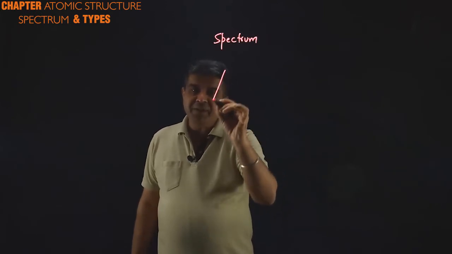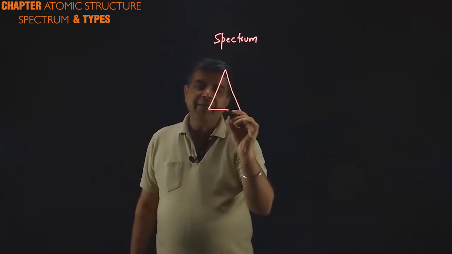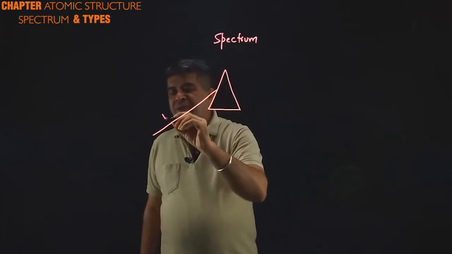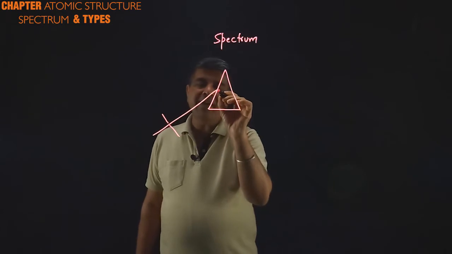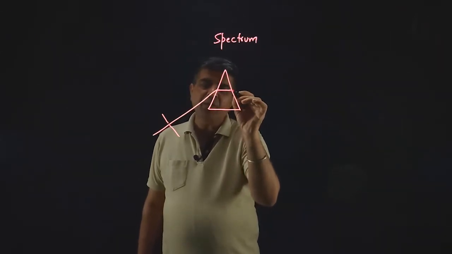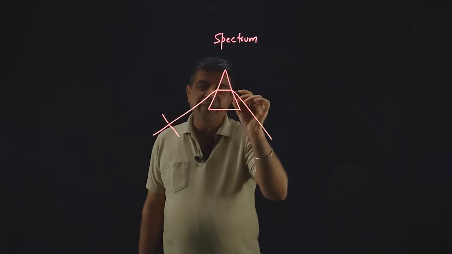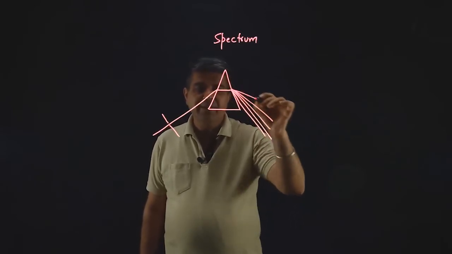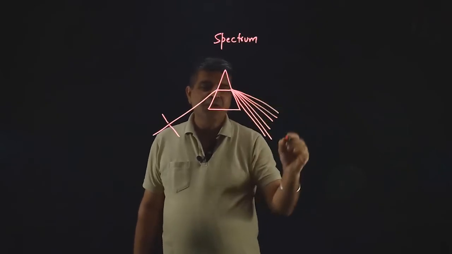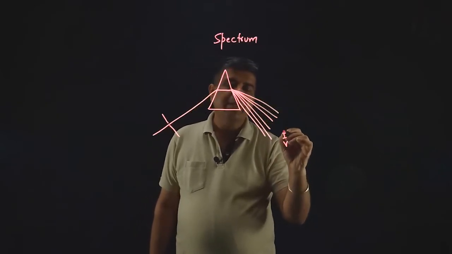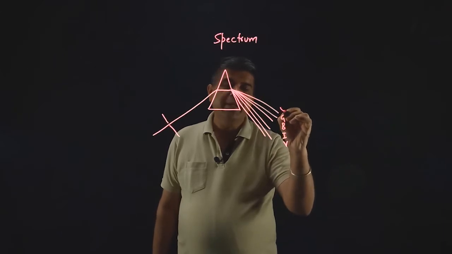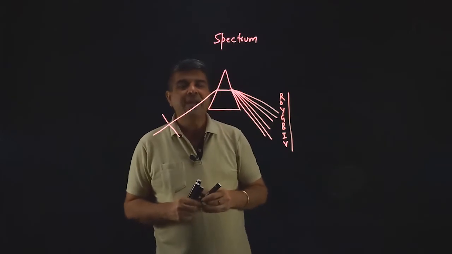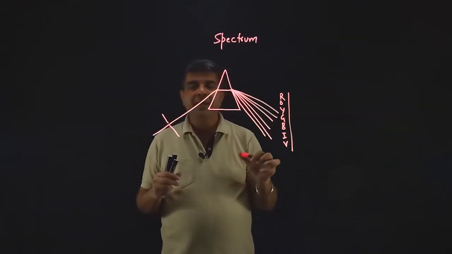Say this is a prism, and if I make white light incident on this prism through a slit, and when the white light crosses this prism, it would split up into 7 different colors like this. So it would be violet, indigo, blue, green, yellow, orange, red. So this is termed as spectrum of white light.